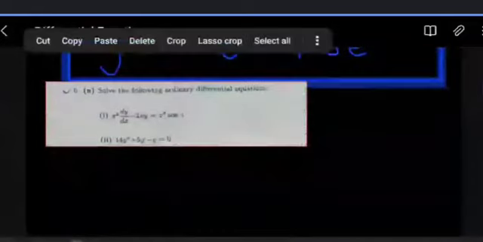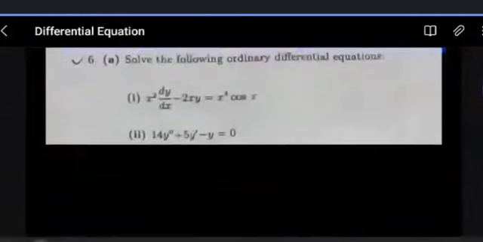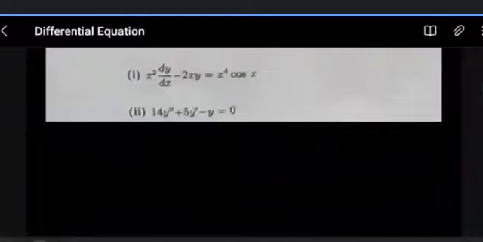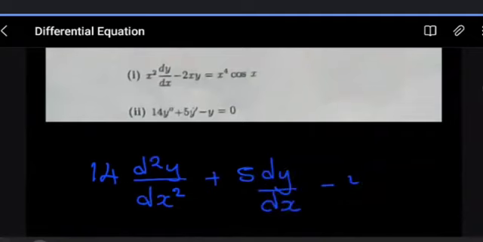Okay, so this is what we have. We're going to concentrate on the second part there, and see what kind of values of m we end up with. The first thing you do when you have a second order differential equation is write it down so that we understand very well what we are looking at. So this is x squared, and then we have plus 5 dy/dx, and then minus y equals 0.